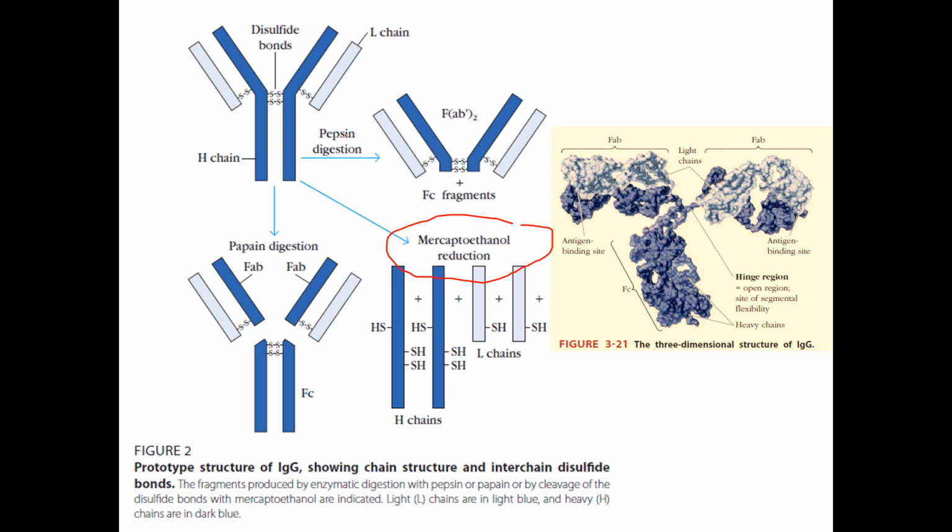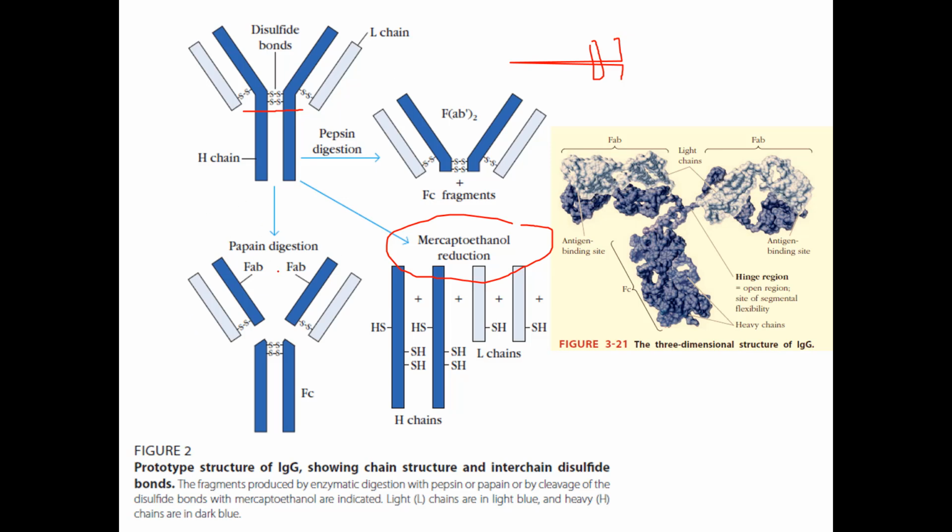But if we perform pepsin digestion, pepsin is an enzyme which cleaves after the disulfide bonds. So we'll get this kind of structure, which is called F(ab')2, in which the variable regions of the heavy chain and the light chain are joined together like this, and we will get individual Fc fragments.